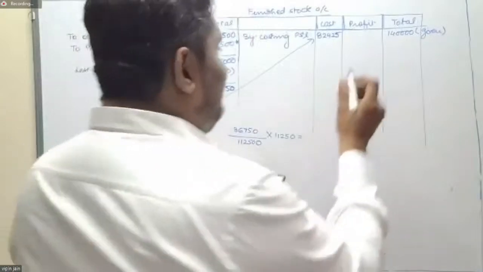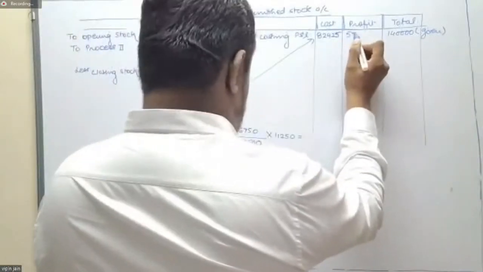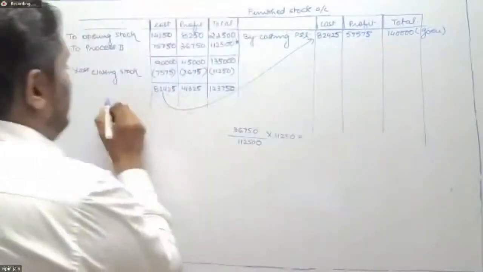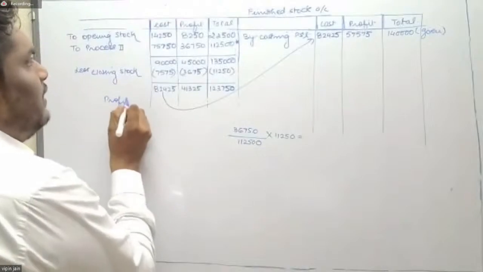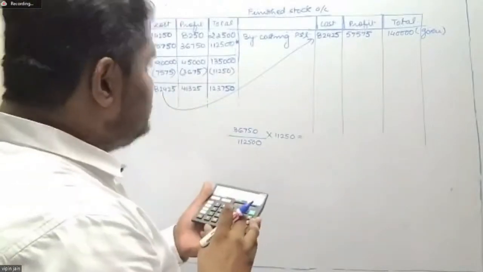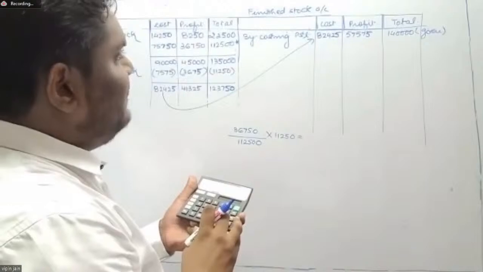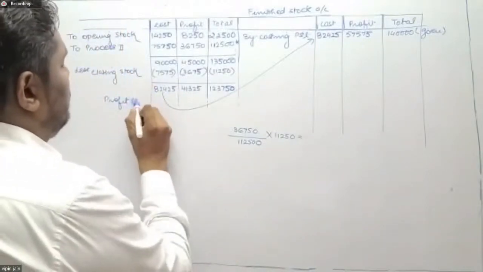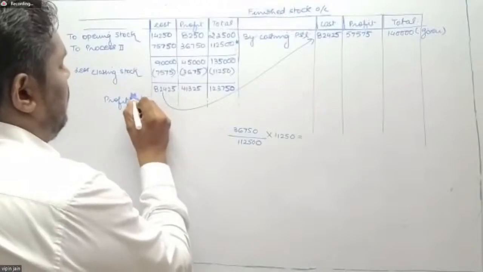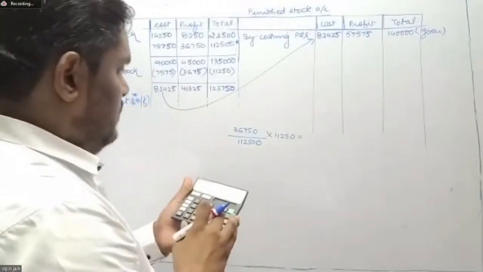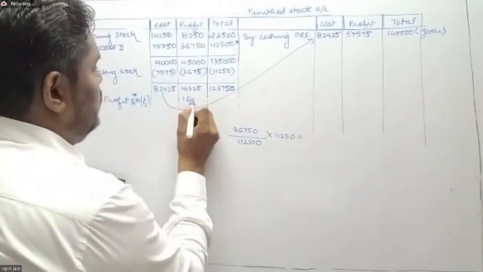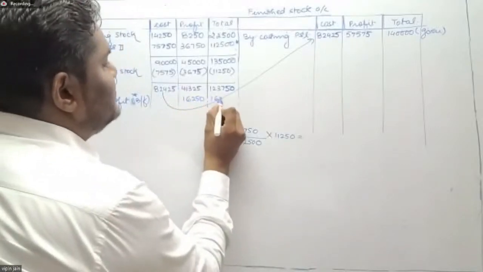So the overall profit till date is 57,575. So profit for the year, that is profit for finished stock account, is 57,575 minus 41,325. So this will be 16,250.